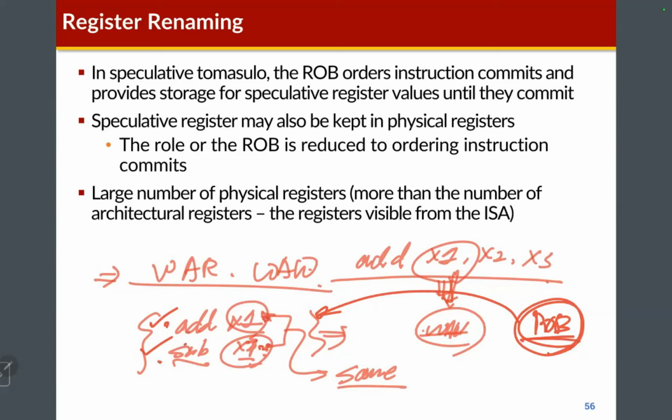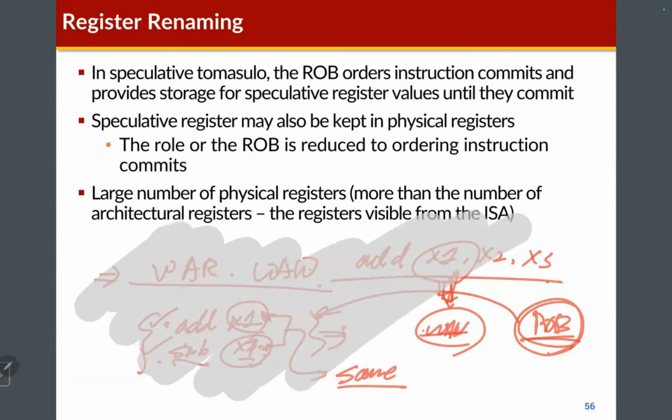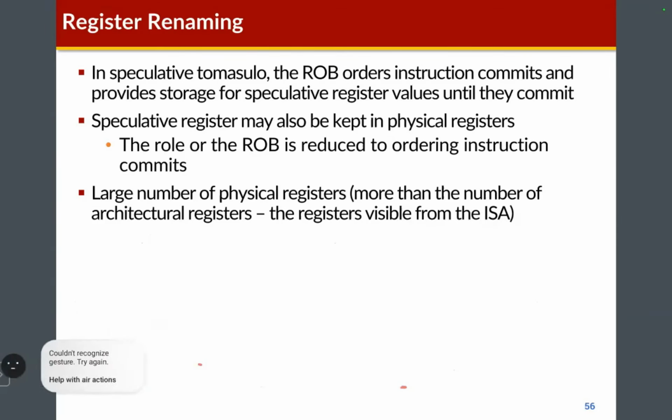So we can use the ROB entry number like renamed register numbers. But as I explained, the disadvantage of speculative Tomasulo is that the register data is found in different places, like the issue queues, the architectural register file, and the ROB entries. So it's some kind of a waste of hardware resources.